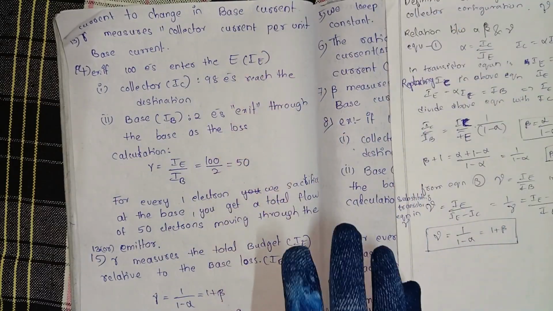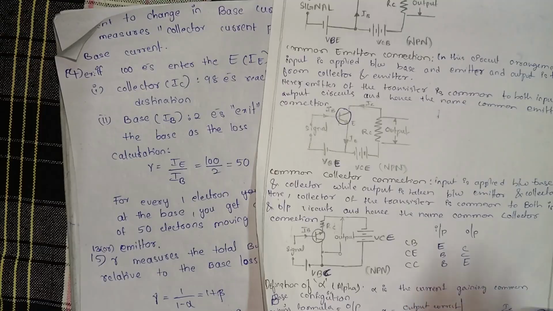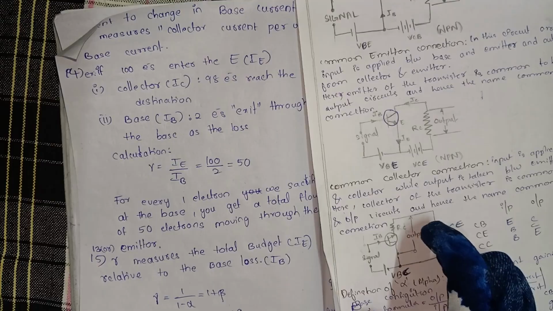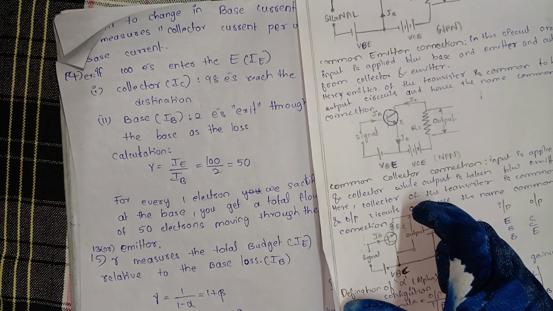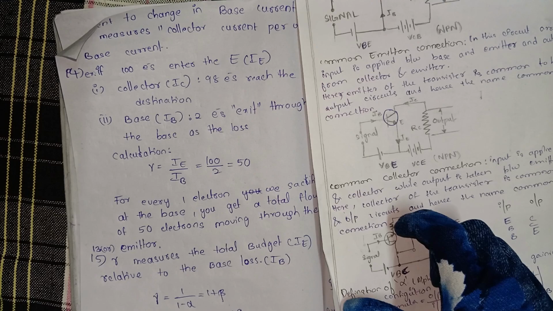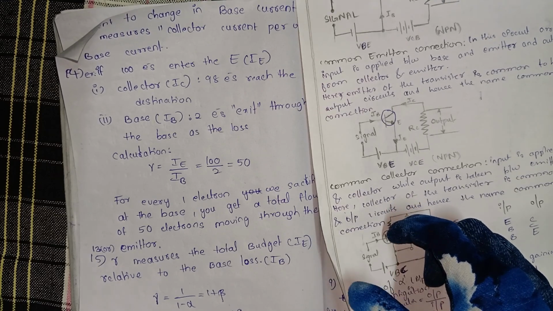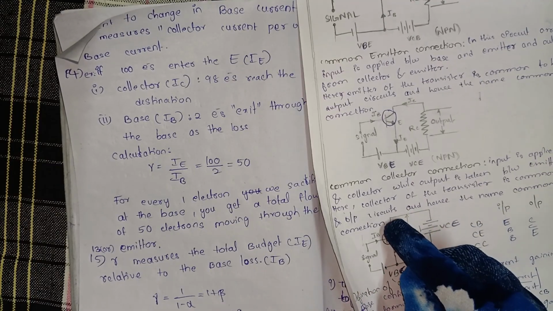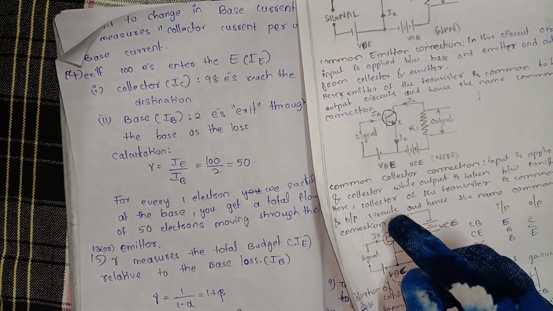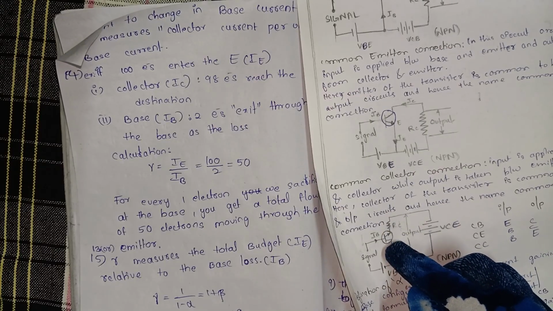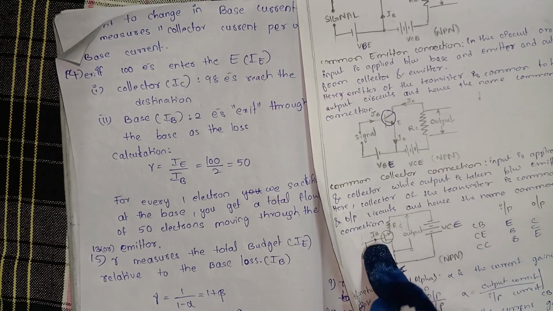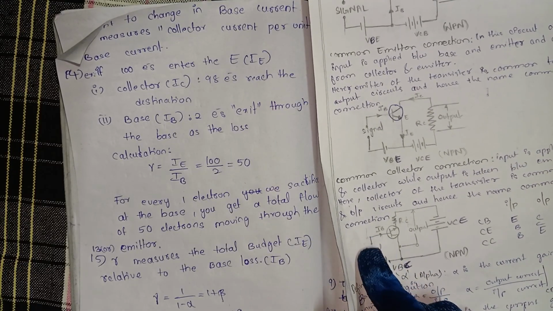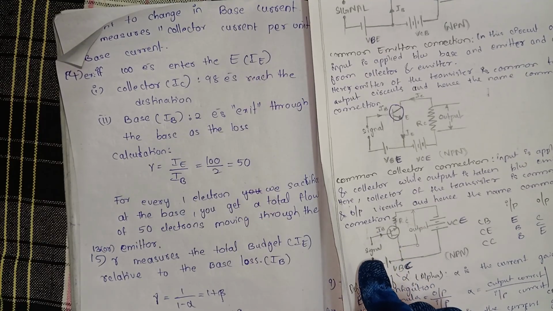For example, the same example I have taken. 100 electrons enter the emitter. At the collector, 98 electrons reach the destination. At the base, 2 electrons exit through the base as the loss.